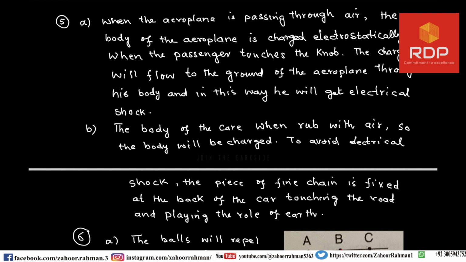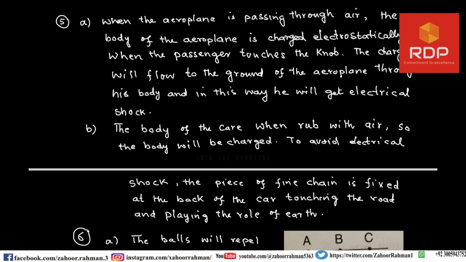Now let's talk about question number 5. Question number 5, in A part, says: explain why it is possible for an air passenger to get an electrical shock when he touches the knob of the toilet door in a high altitude flying aeroplane.